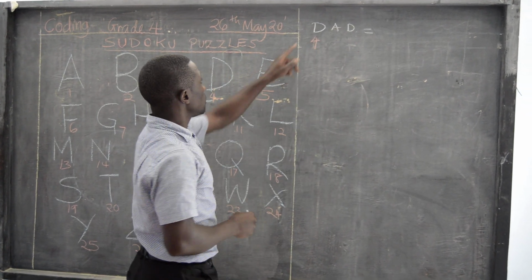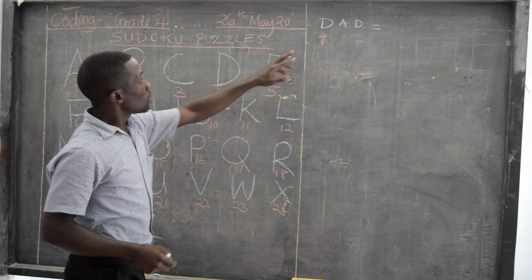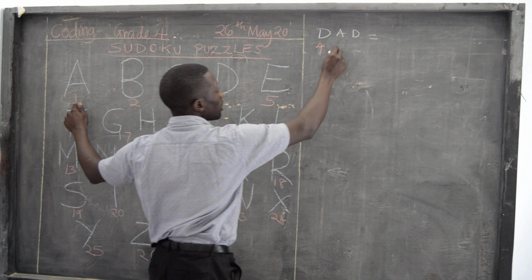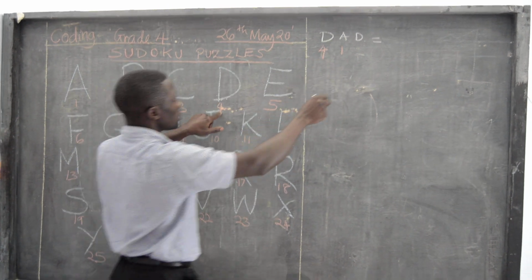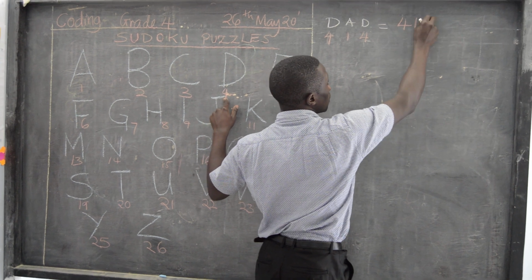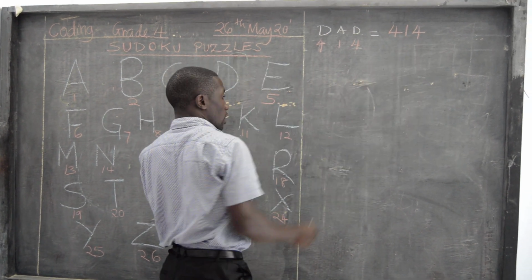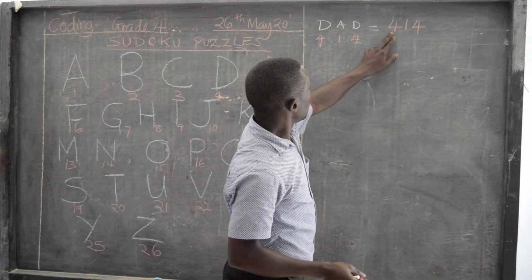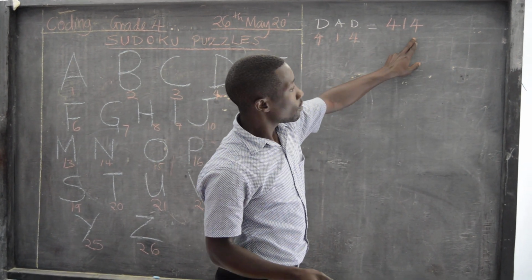You can see D is 4. Then we look at A. A is 1. So we write 1 here. And then D is still 4. So you find that if you are coding the word dad, you code it as 414. 414. 4 for D, 1 for A, and 4 for D.